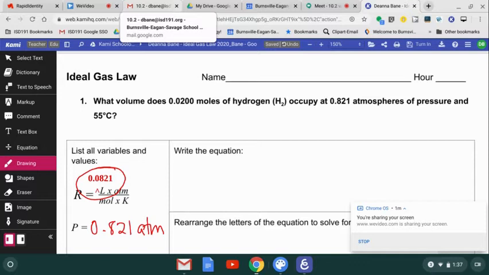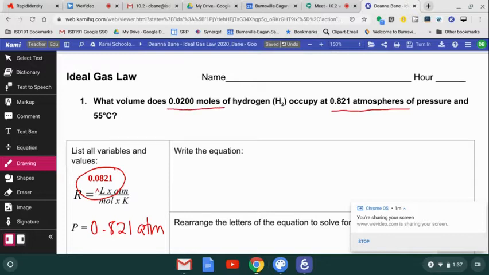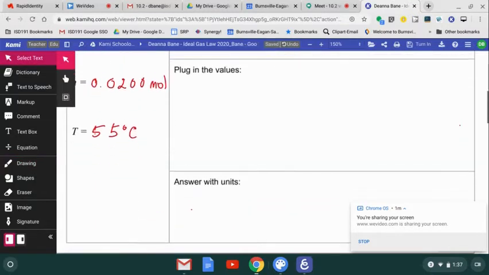Then, according to the problem, we have 0.821 atmospheres, so that was the pressure. The N is moles, so here we have 0.0200 moles, and then the temperature is 55 degrees Celsius. So let me move down to the temperature.